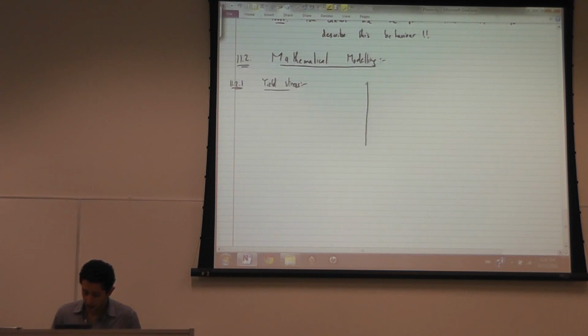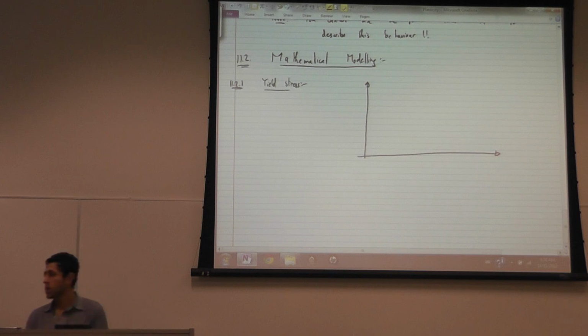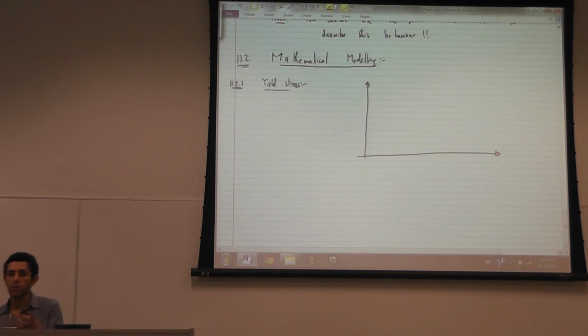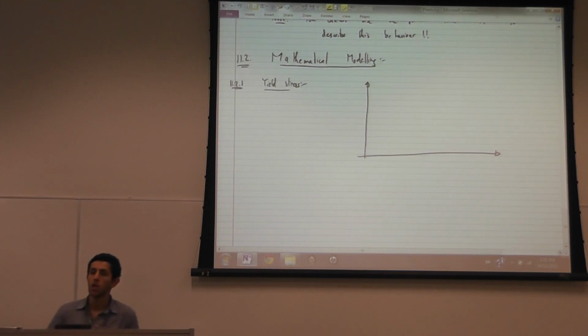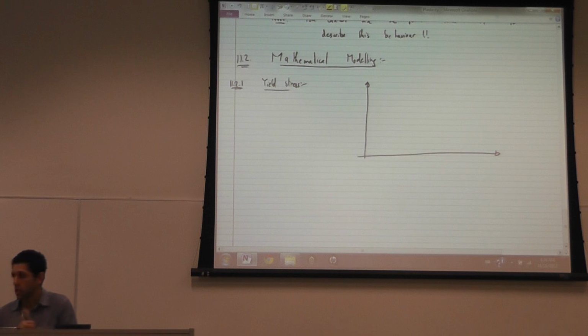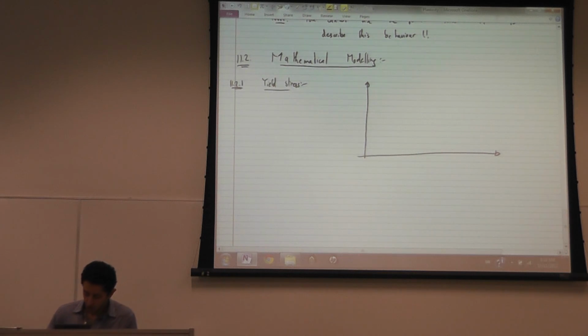Whenever you look at any of the codes of practice, they tell you the yield. This is a steel with yield stress 360 MPa or 650 MPa. So how do you define the yield stress of the material? Depending on the material, for the mild steel, it's simple to define the yield stress because you have this region where the strain is increasing, but the stress is not increasing.